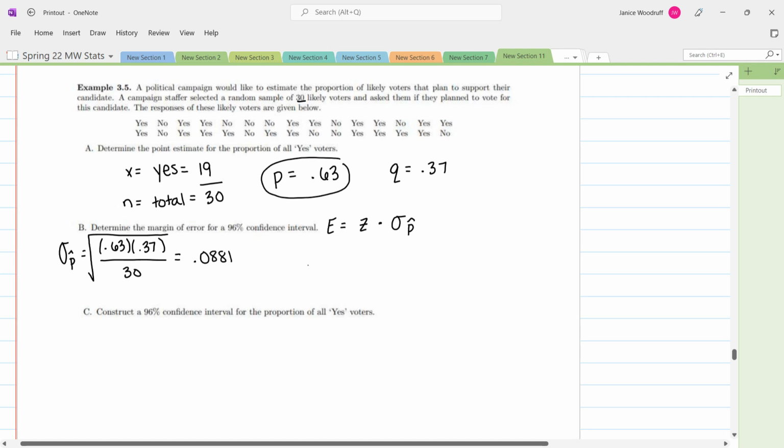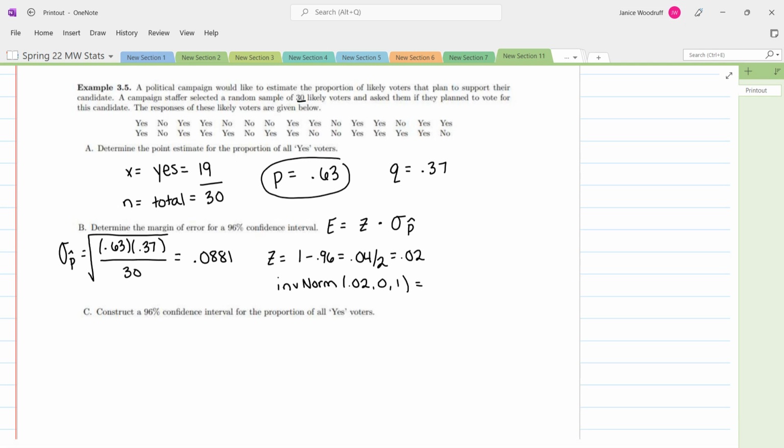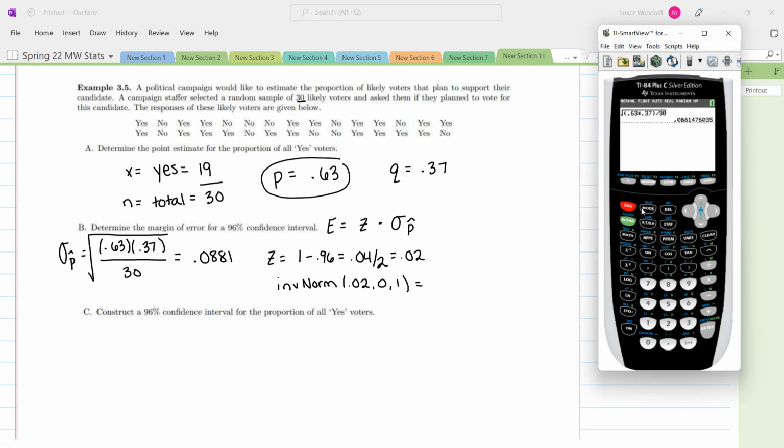All right, and a 96% confidence interval. Is that one on the chart? If it's not, we'll do 1 minus 0.96, which is 0.04, divide by 2, 0.02, and then we'll go inverse norm, 0.02, 0, and 1. 96%, yeah. 2.05.